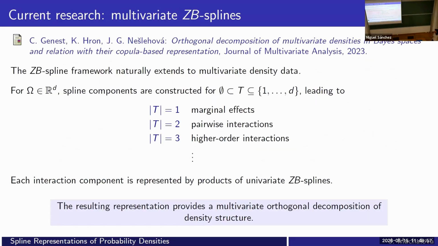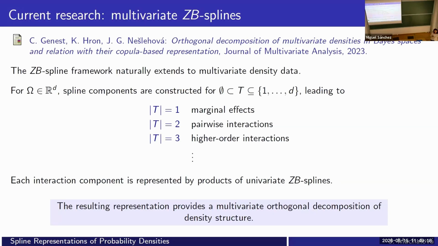Well, now I would like to introduce our current research. We are motivated by this paper from 2023, where my colleagues deal with orthogonal decomposition of multivariate densities and its relationship with copula-based representation.